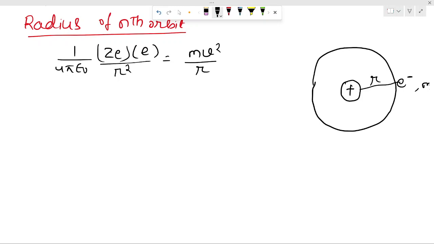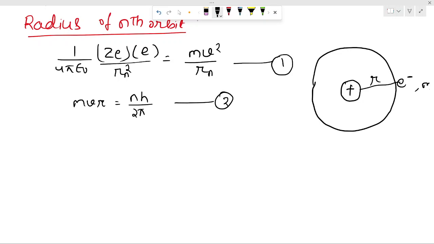As we are talking about the radius of the nth orbit, we are taking the subscript rn. And also we have from the postulates that angular momentum is equal to an integral multiple of h by 2 pi, that is nh by 2 pi. Give it equation number 2 and the first one equation number 1.